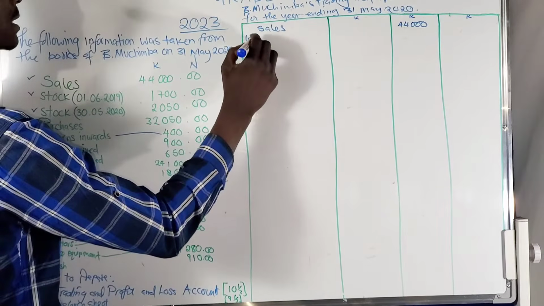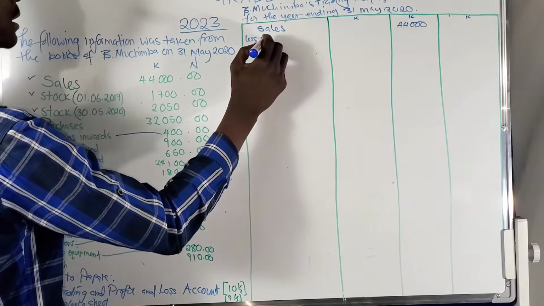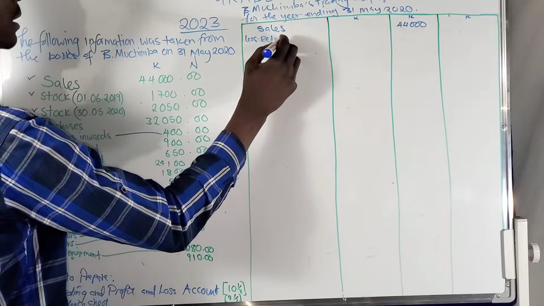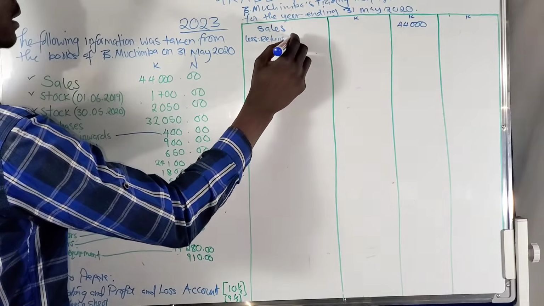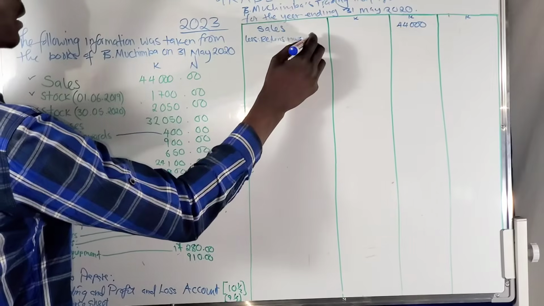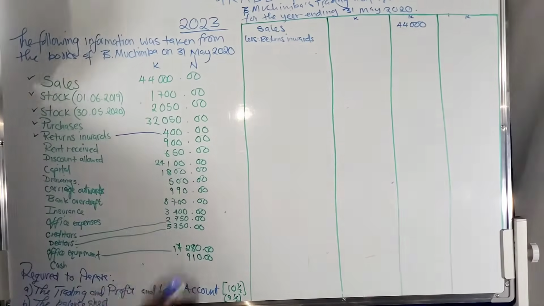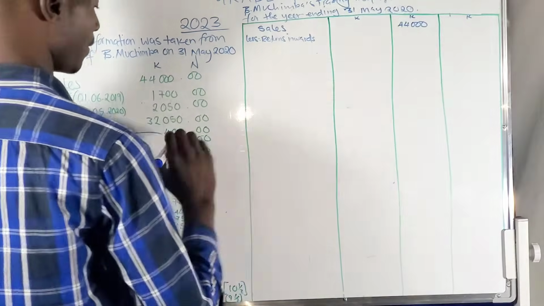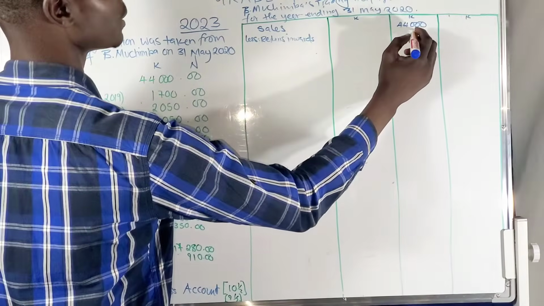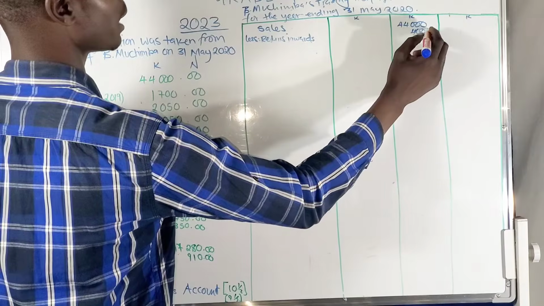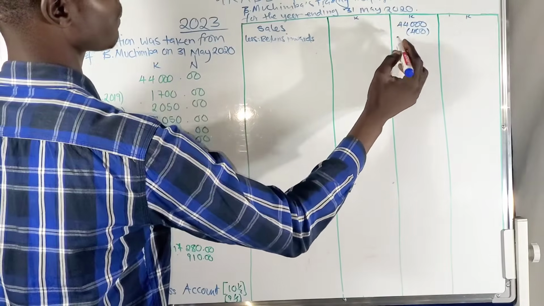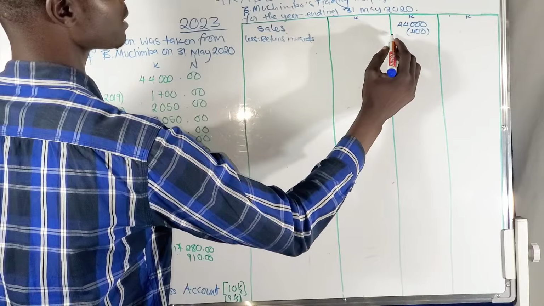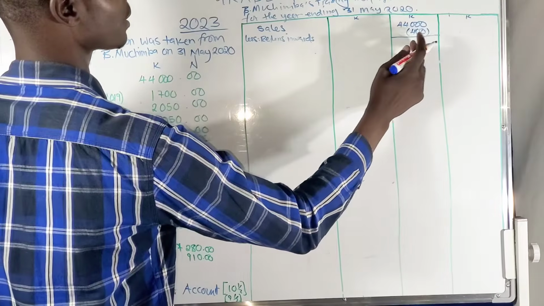Then we are going to subtract. So we're going to say less returns inwards. We're going to subtract the returns inwards of the sales returns. This is 400. So to show that we're subtracting, we put it in brackets.